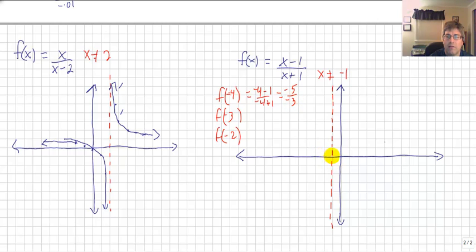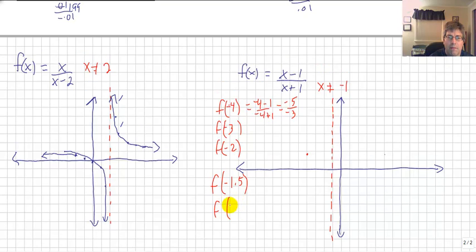So when I input negative 4, I output 1 2/3. So something about right there. And so on and so forth. And then as you get closer to negative 1, you might have to look at negative 1.5 as an input and negative 1.1 as an input and see what you get for your outputs.